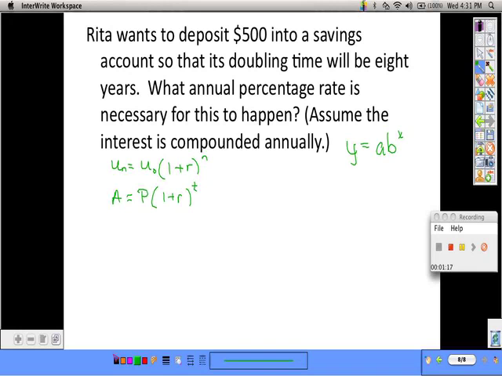In this problem, we start out with $500, and it says after 8 years, our money doubles. Now we solve. Divide by 500.